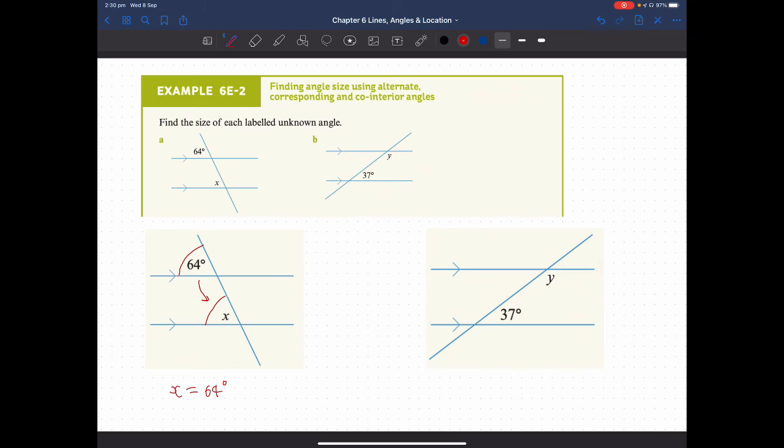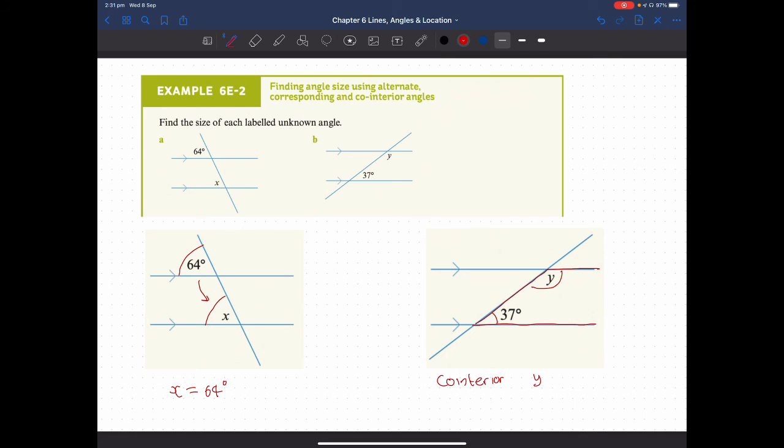For part B, we have Y and 37 degrees. Looking at the diagram, you can see that they are not equal to each other, but they are inside a pair of parallel lines and on the same side of a transversal. So what we know is they are co-interior. And what we do know is co-interior angles add up to equal 180 degrees.